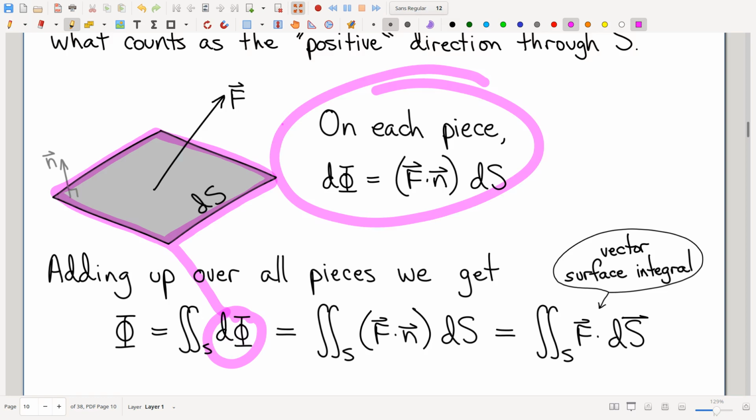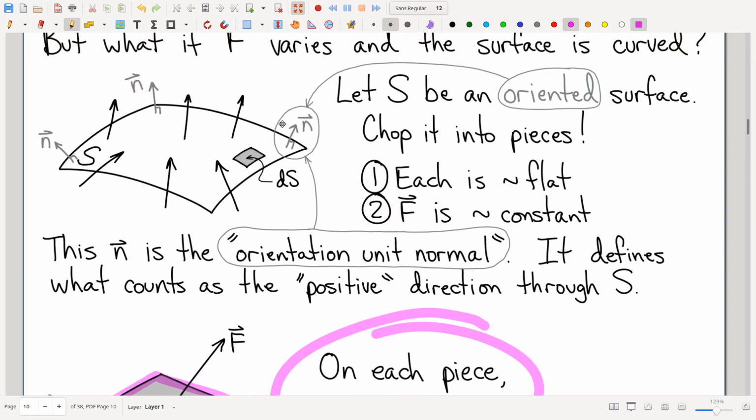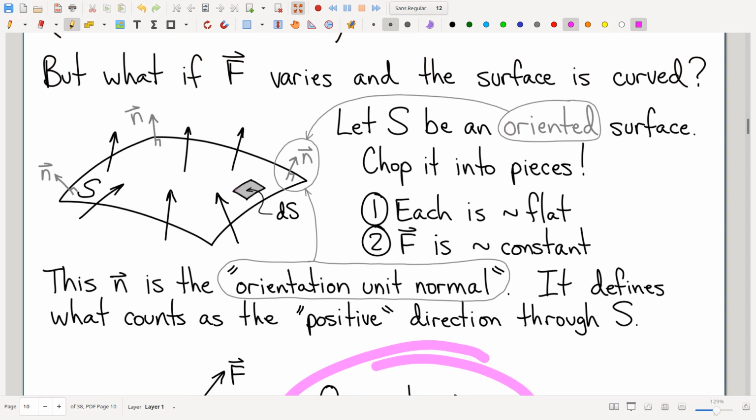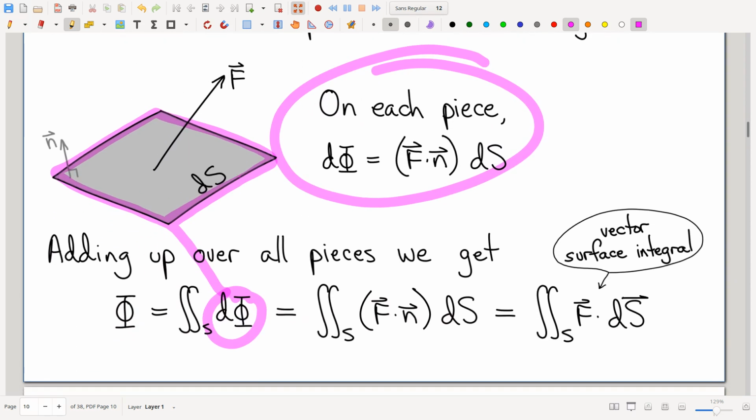And on this little piece, it's actually a pretty straightforward question. After all, these are little bitty pieces, not to scale. This is blown up. This is actually a teeny tiny, itty bitty little piece of surface. So on this little bitty piece of surface, it's approximately flat. It's so small, the points are pretty close to each other. The vector field hasn't really had time to change very much, so the vector field's approximately constant.